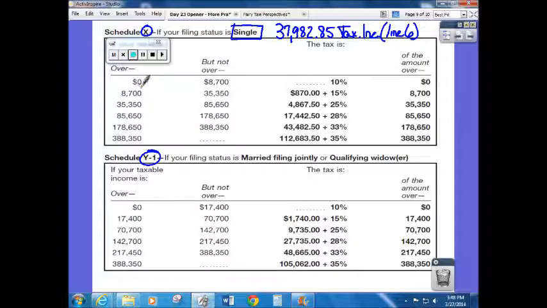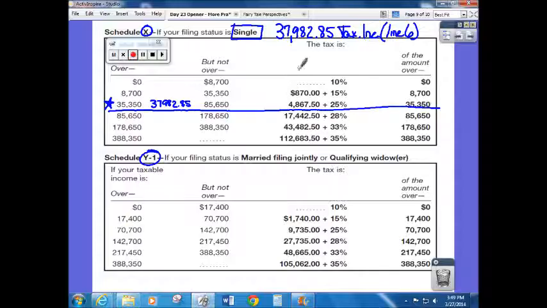It's over 0, and it's also over $8,700, so we know not to use that line. It's also over $35,350. So we know that we're going to use this third line because our taxable income of $37,900 is in between $35,350 and $85,650.